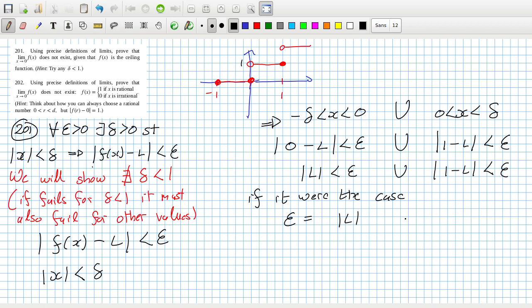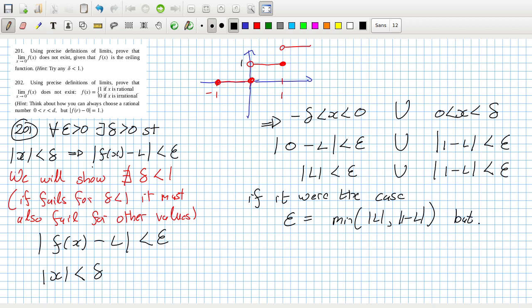And likewise here, with 1 minus L, you'll be forbidden from having x as positive. So we want to go with the minimum of the two, I think. The minimum of L, or 1 minus L.